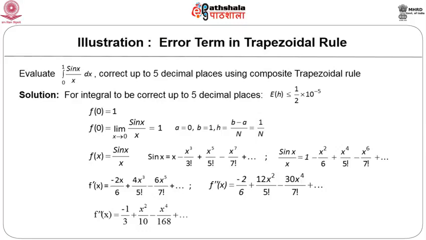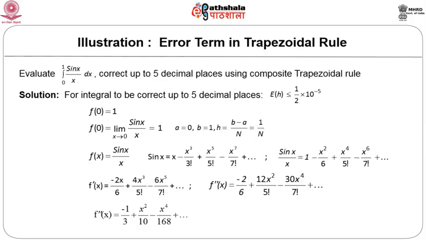So, our E_h is (b minus a) by 12 into h square into M. Now, in the case of sin x by x, the M calculation is not that easy, but what can be done is we write down the Taylor series of sin x. We know that the Taylor series of sin x is x minus x cube by 3 factorial plus x raised to 5 by 5 factorial, and so on. Divide by x, we get the Taylor series of sin x by x, which is 1 minus x square by 3 factorial plus x raised to 4 by 5 factorial and so on.